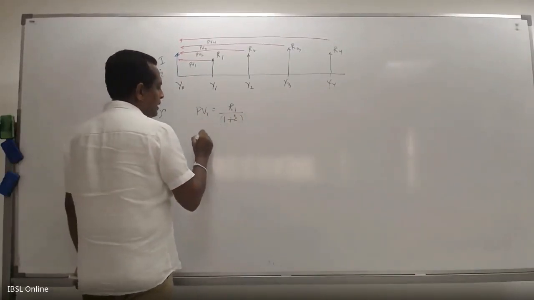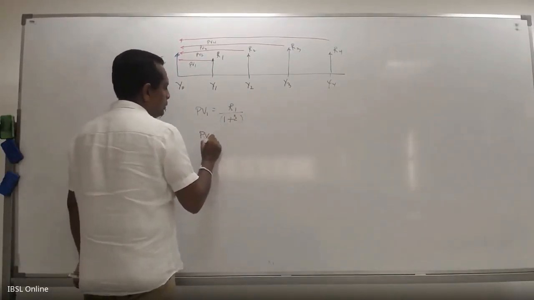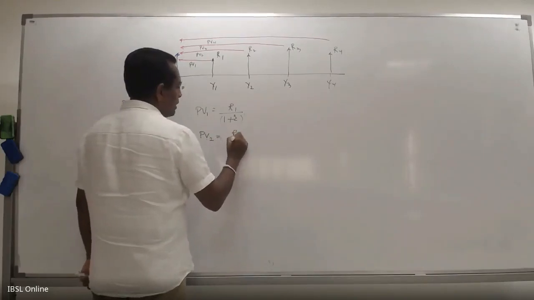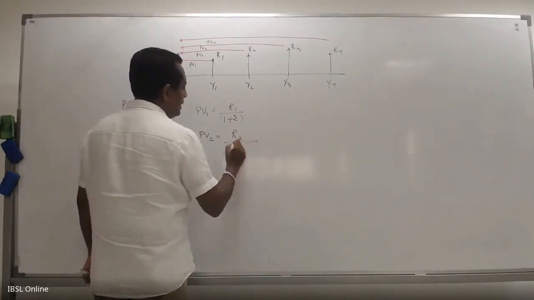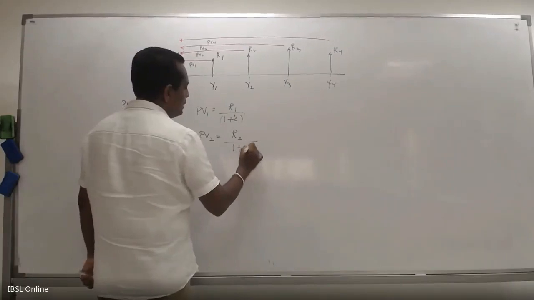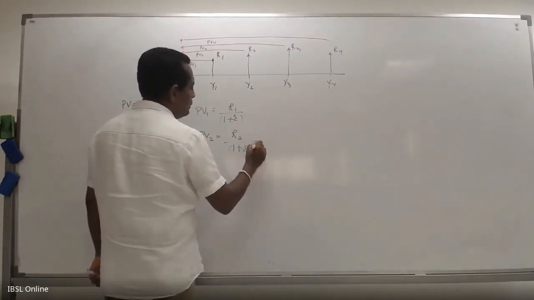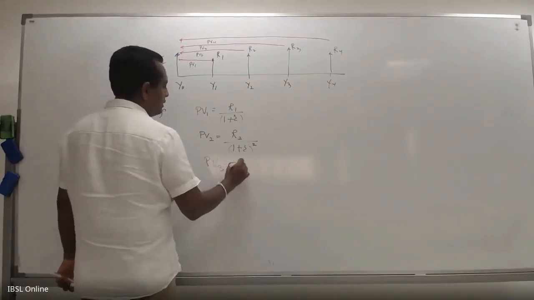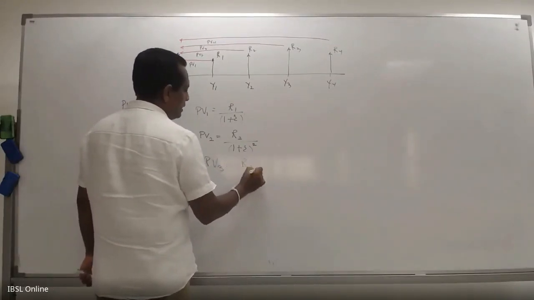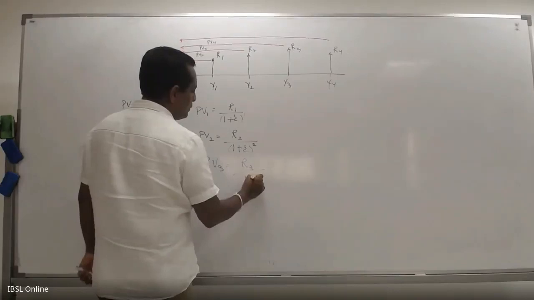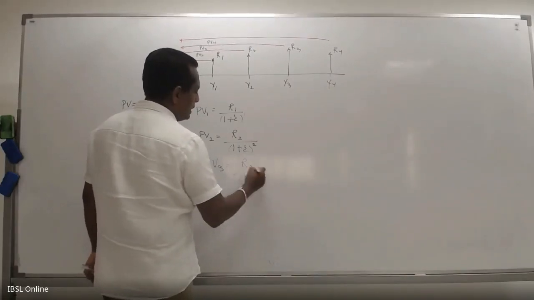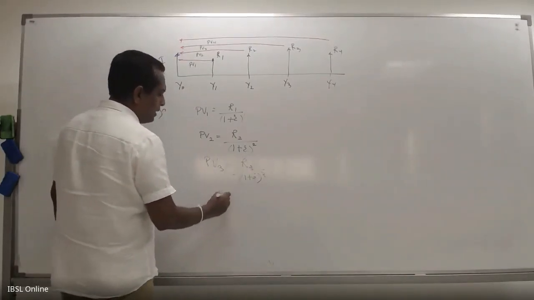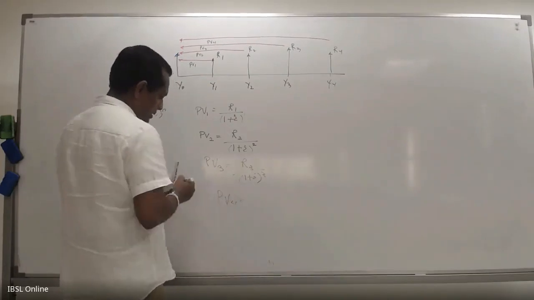Then present value 2 is R2 divided by 1 plus I to the power 2.